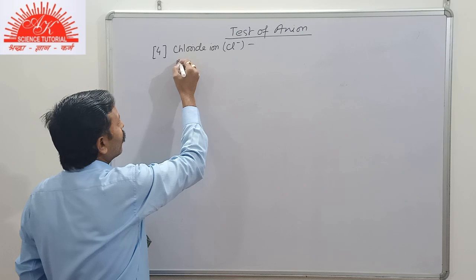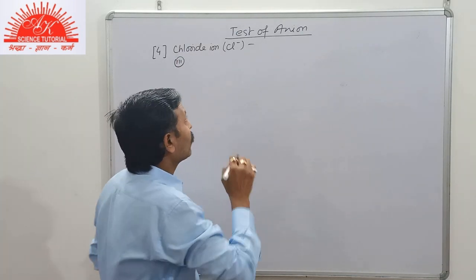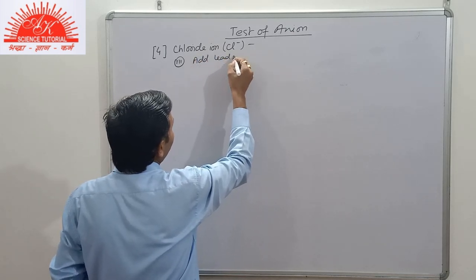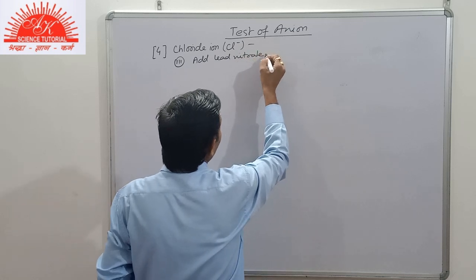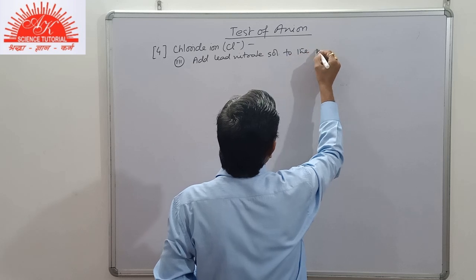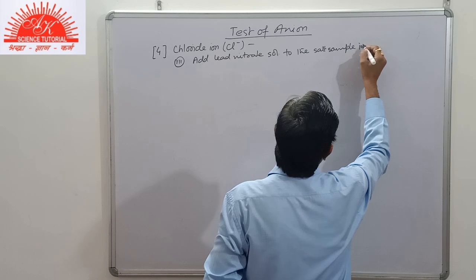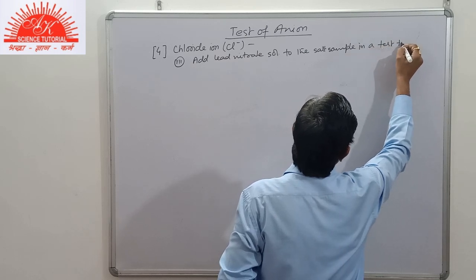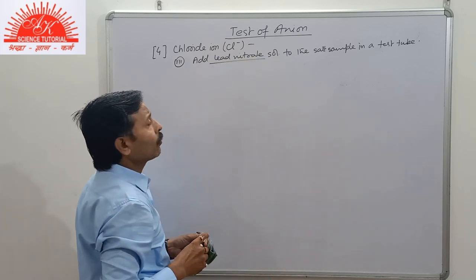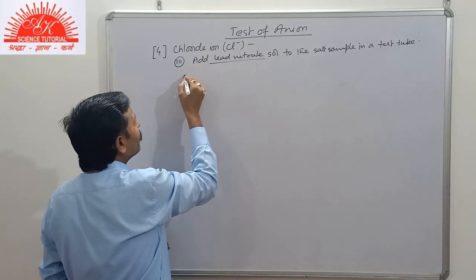The third test for chloride ion, student, is using lead nitrate solution. So we write here: add lead nitrate solution to the salt sample in a test tube. The reagent for testing chloride ion this time is lead nitrate. Now what will be observed?